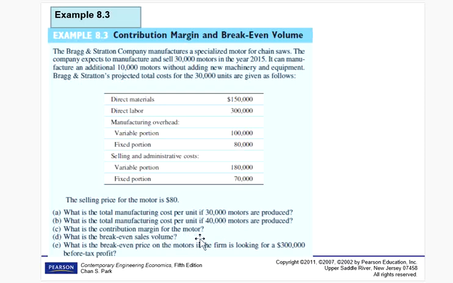Right, P minus V. What is the break-even point in sales volume? We need to calculate the break-even point first, X equals F over P minus V. Once you have your break-even point, then you can calculate using P, which is already given, right?